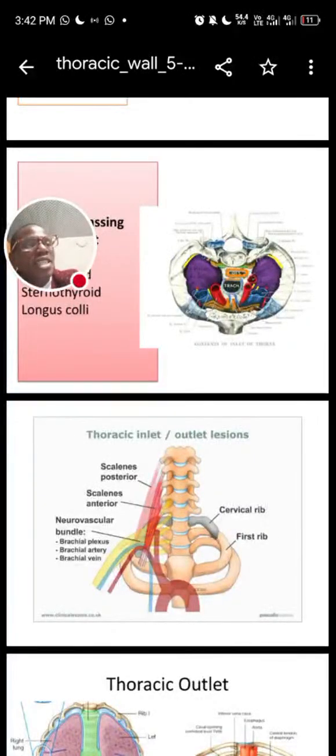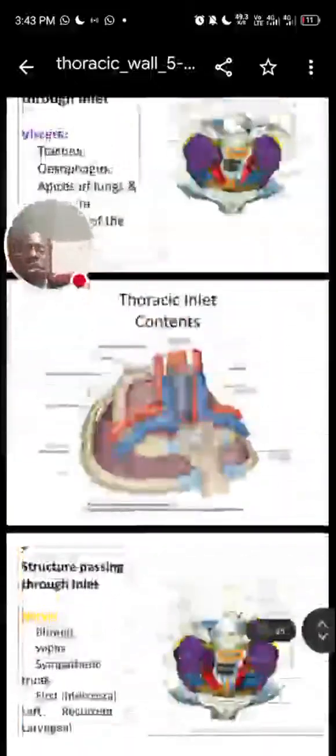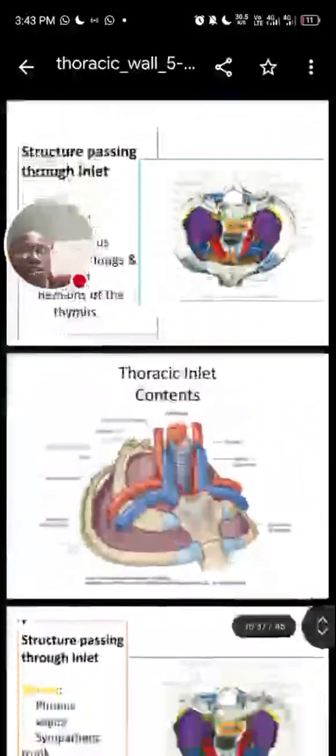Then the A there is the artery. You say BSC, just like the V is what? BSC. But there's another V, which is apices of the lung and pleura. And then trachea, say ROOTS. R is for remains of thymus.